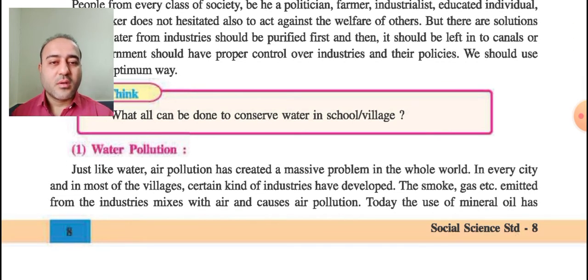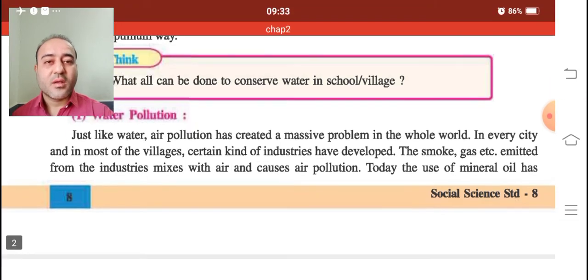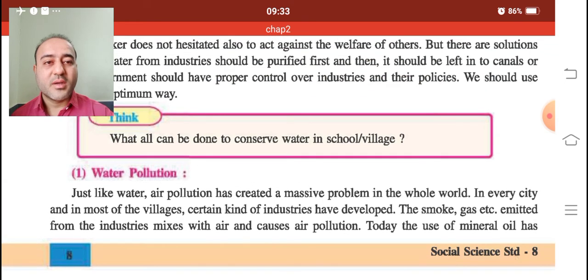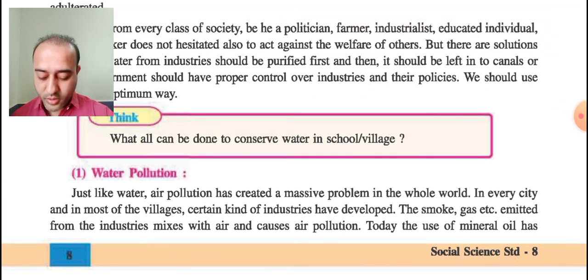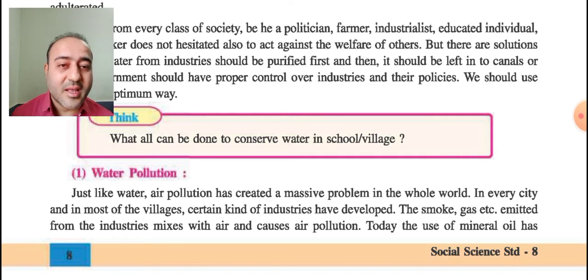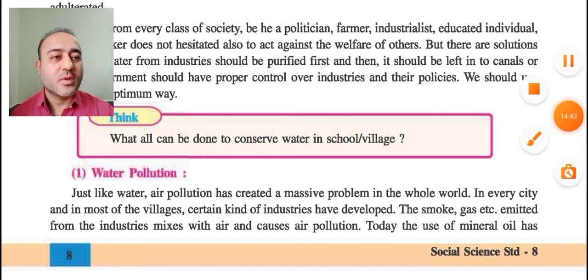just like water, air pollution, okay, so here there is an error. Here it is written water pollution, but it is actually air pollution. Okay. So just like water, air pollution has created a massive problem worldwide. Okay. So we'll make some change over here.